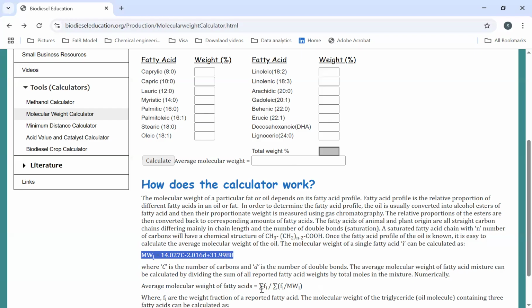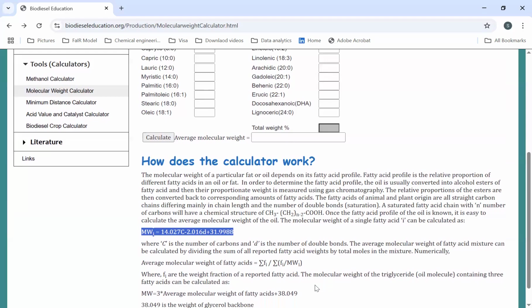Say you have 0.05, or 5%, of linoleic acid or palmitic acid. In this case, you take 0.05 divided by the summation of each individual one, and whatever actual ratio you have in your oil. I'm going to show you how to use this in a second, but this is just the idea.